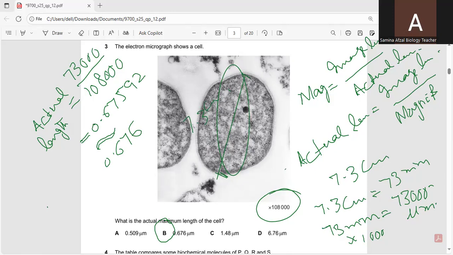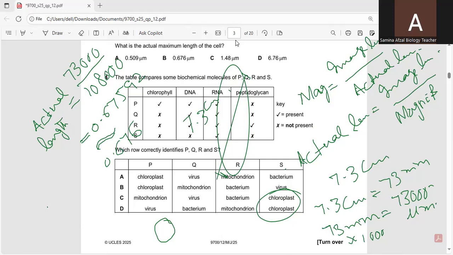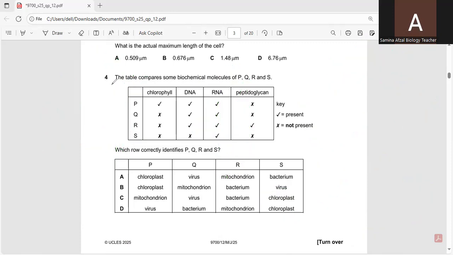Now we will move towards the next question. Question number 4. The table compares some biochemical molecules of P, Q, R, and S. So they have given us 4 molecules.